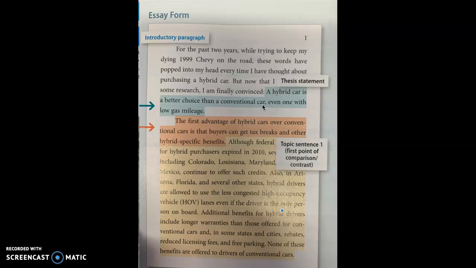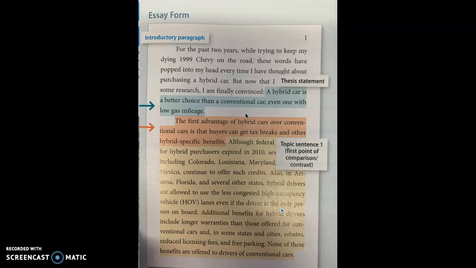They've decided to talk about one being better than the other, so they're going to be contrasting them. And they say it right here: a better choice than a conventional car is your hybrid car, even with low gas mileage. So they've established the fact that they're going to do a compare contrast.